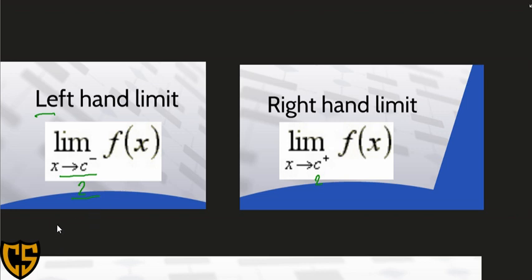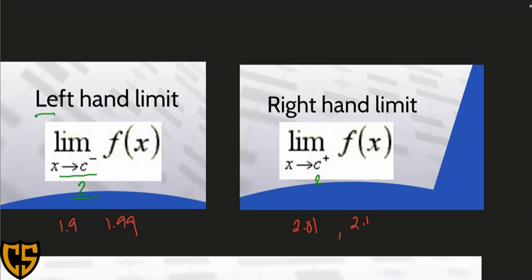It could be values like 1.9, 1.99, or any values really approaching 2. For the right-hand limit, we could substitute values like 2.01, or 2.1, or any values greater than our specified limit, which is 2.